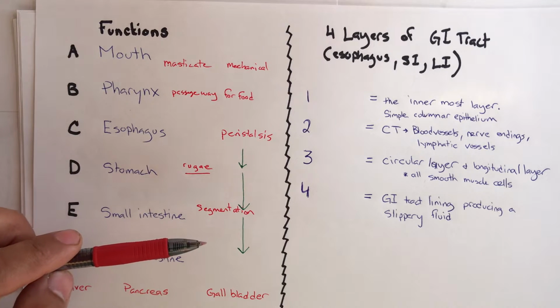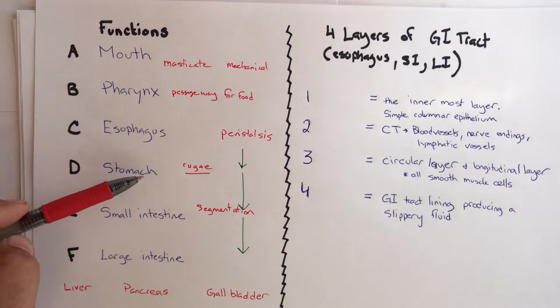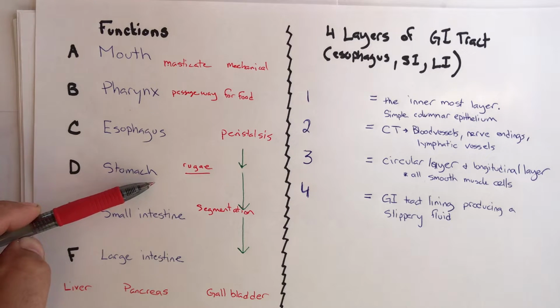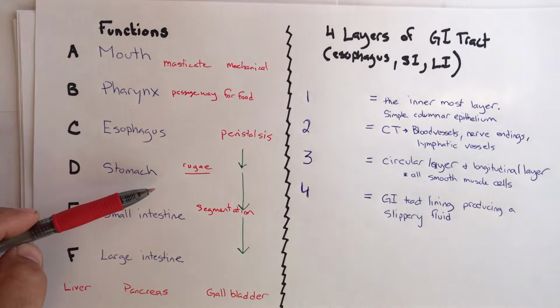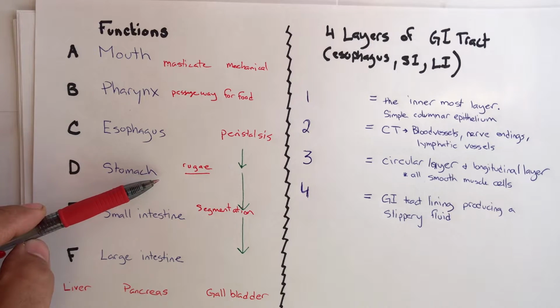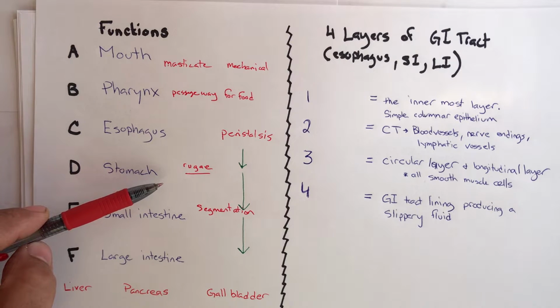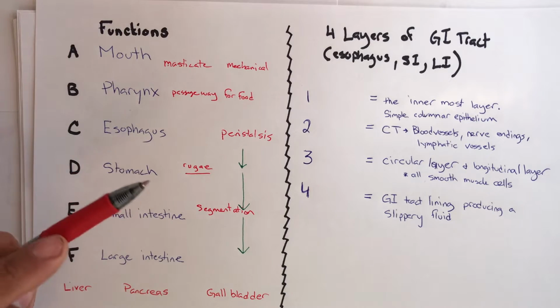It secretes some enzymes to start breaking down protein into smaller amino acids. It also secretes a protein called intrinsic factor, which is needed for the absorption of vitamin B12.